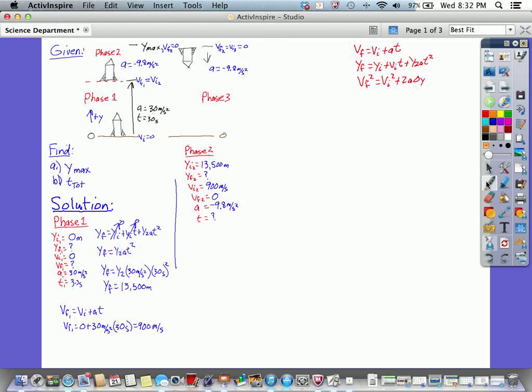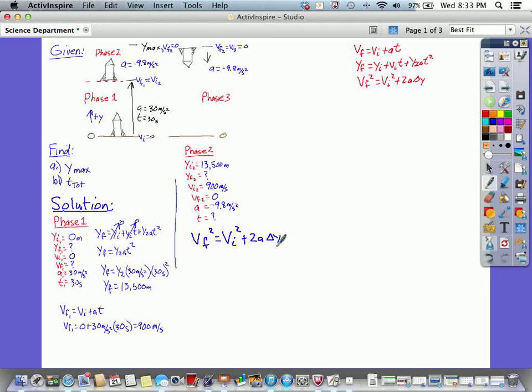We do know V final, we do know V initial, we do know acceleration. Let's use that last equation, and let's solve for that maximum height. So we know V final squared equals V initial squared plus 2a times my change in position.